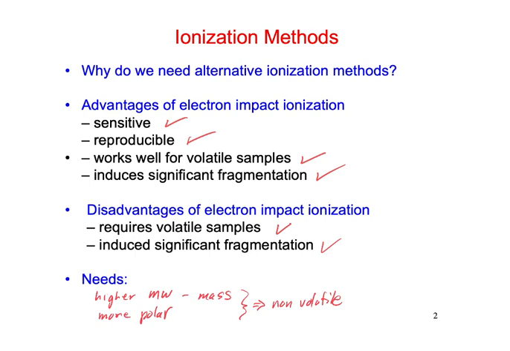Okay? And the main thing here, too, is that we want to be able to see a strong molecular ion. So these don't necessarily have to lead that way because we may have lower mass samples or less polar, but we don't get a strong molecular ion. So, we want to see that in those situations as well. Okay.